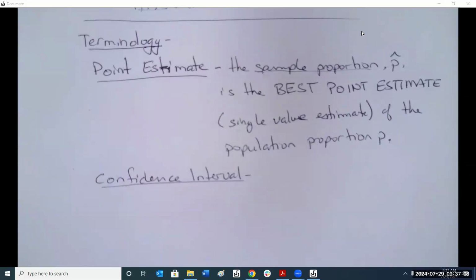So the confidence interval depends on how big you want your tails to be. Those are the confidence endpoints that define our confidence interval.